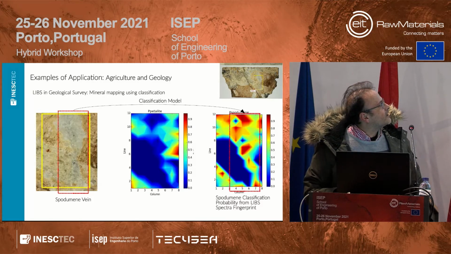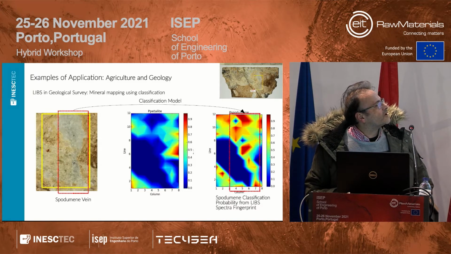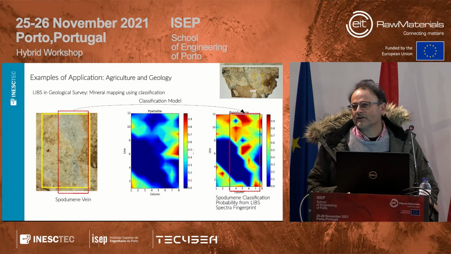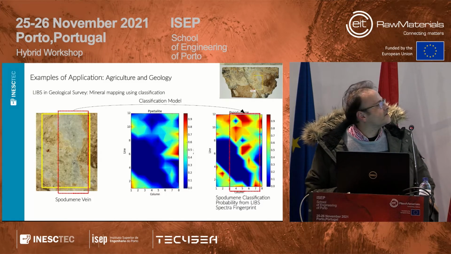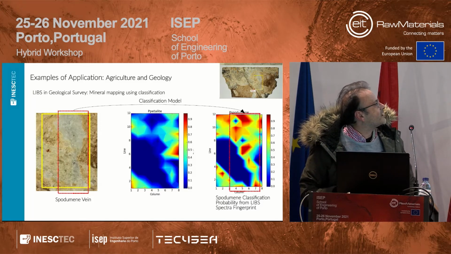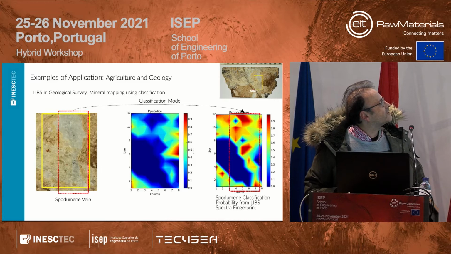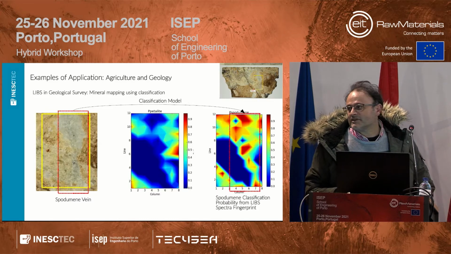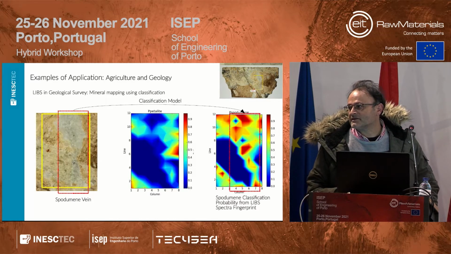And in here, we are looking at using the LIBS to try to give a probability of showing a spodumene mineral in a sample. And as you can see, there is a spodumene vein here, this more whitish part of the rock. And the classification models are able to predict from the LIBS signal where the mineral is.